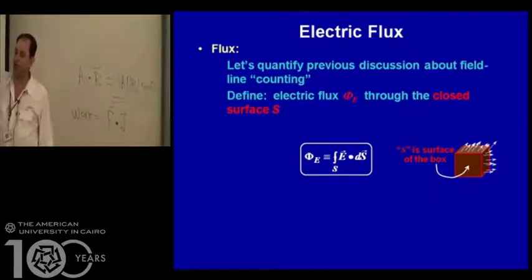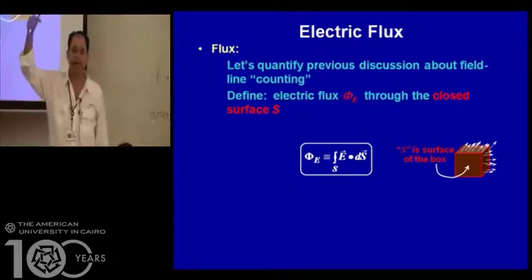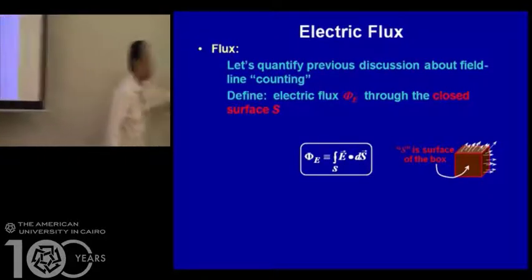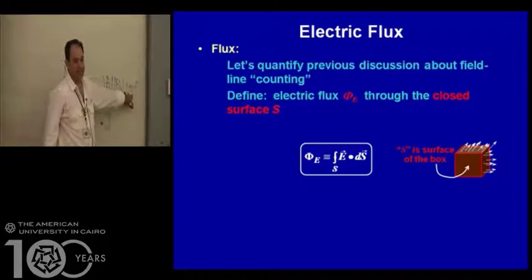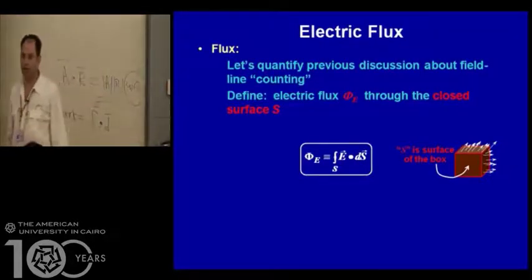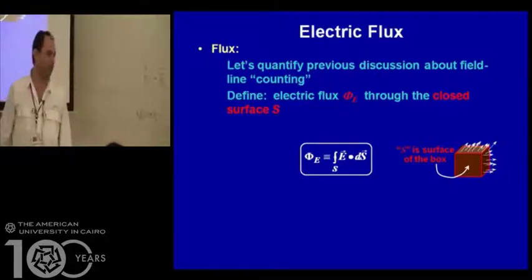So now we know that the flux has to be a scalar quantity. And it's 0 when the cosine of that angle is 0. Cosine is 0 when theta equals 90.